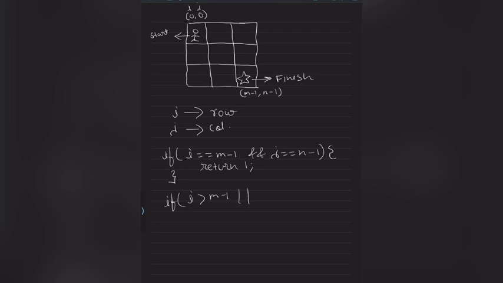Because if it is moving to the row position and crossing the m minus 1, then that is wrong. Or if j is crossing the n minus 1, then that is also wrong, right? So if it is going in the wrong direction, we will simply return 0.